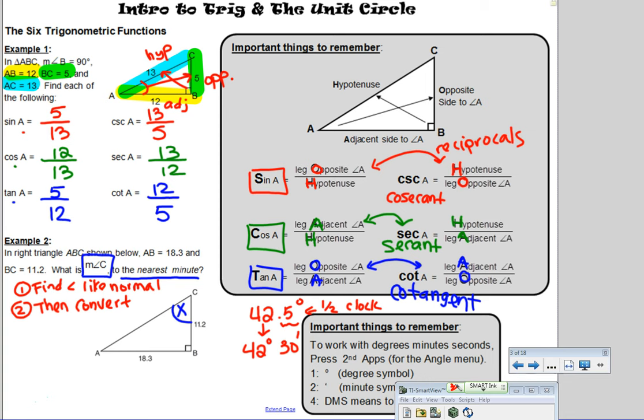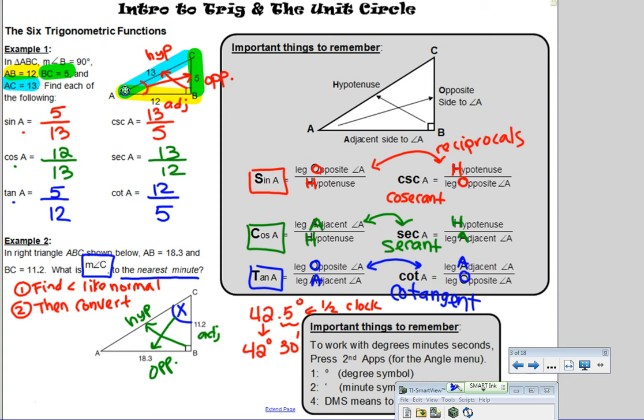To find the angle like normal, we have to label our sides. So the 18.3 is our opposite side. The hypotenuse is the one without a value. And then the adjacent is 11.2.